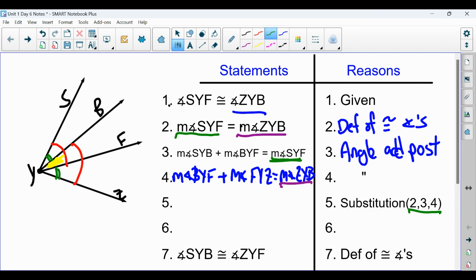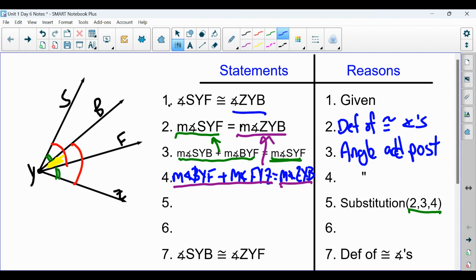So if the green equals the purple, then I can take those two sums from 3 and 4 and set them equal to each other, because we are going to be substituting the sum SYB and BYF in for that side in 2, and the sum BYF and FYZ into that side for 2.